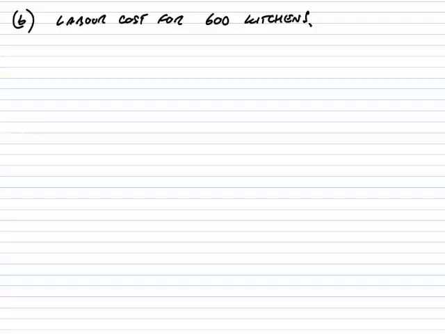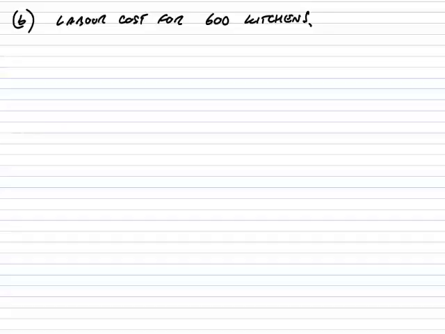Now I'm going to do all my workings in hours. You can do it in hours, you can do it in dollars. I'm going to do it in hours, because if we can work out how many hours it'll take, it'll be easy to cost it, because at the end of the paragraph it says labour costs $15 an hour. So I need to know how long it'll take to make 600.